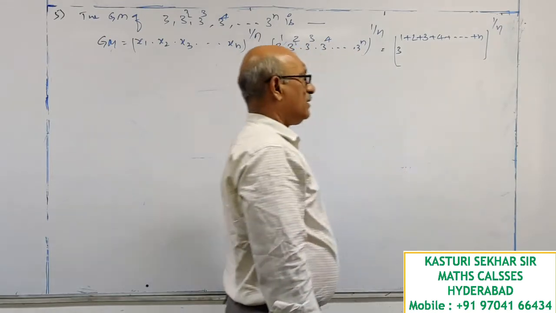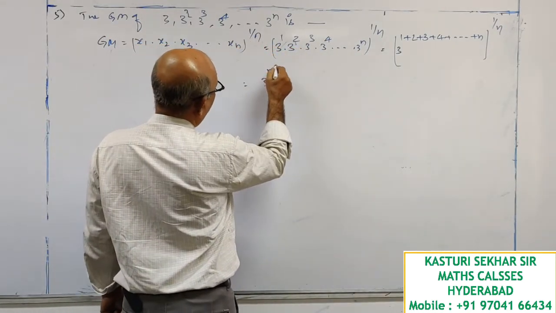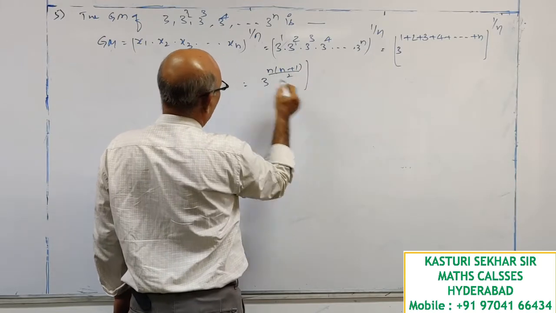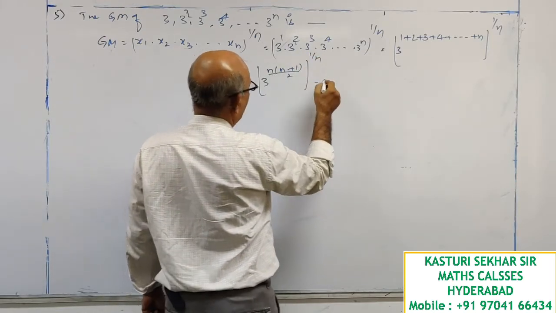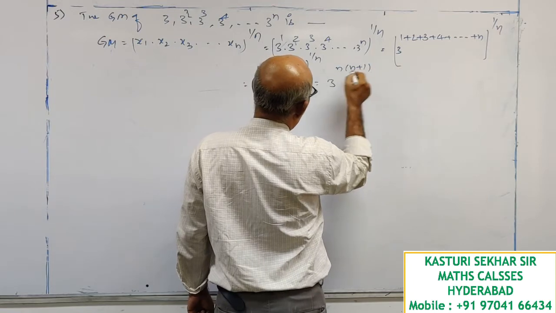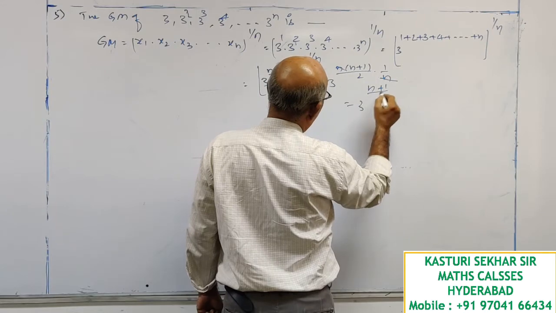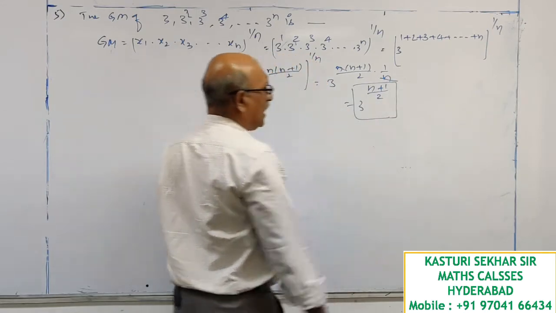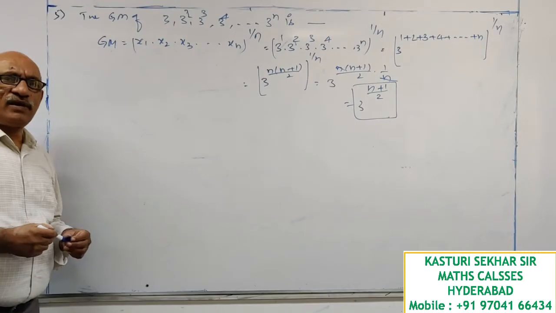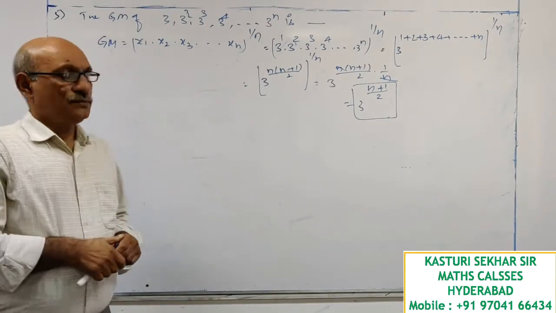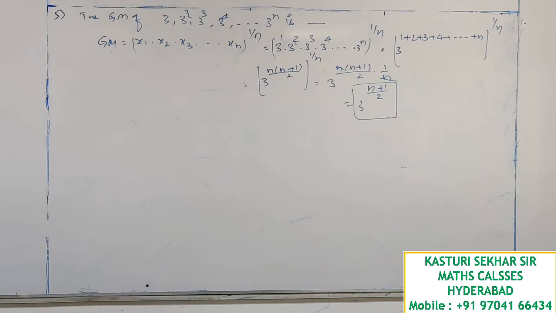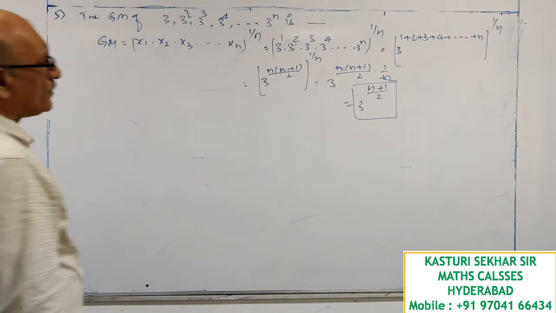Whole to the power 1 by n. 3 to the power n into n plus 1 by 2, whole to the power 1 by n. 3 power n into n plus 1 by 2 into 1 by n. 3 to the power n plus 1 by 2. Geometric mean is equal to 3 to the power n plus 1 by 2. Okay.